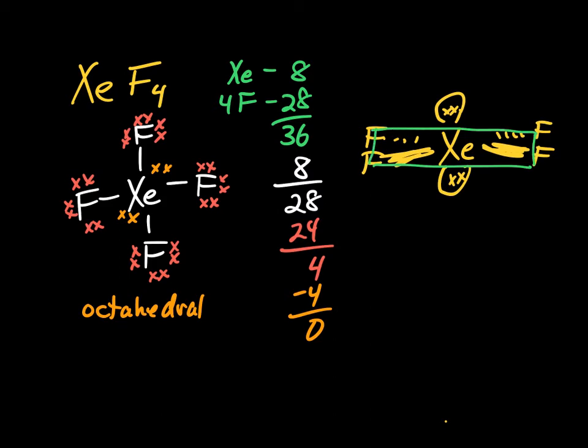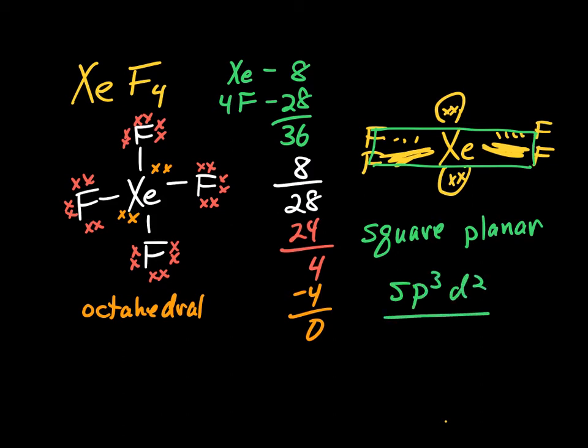If we were looking at it from above, it would look square, and so that is square planar. And sp3d2 in the classical interpretation.